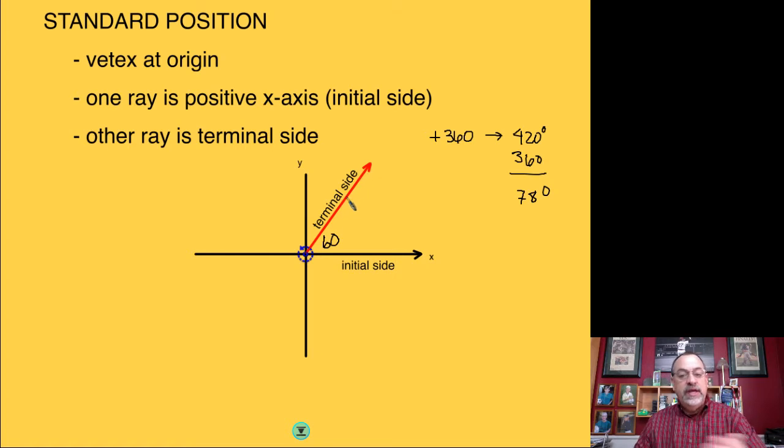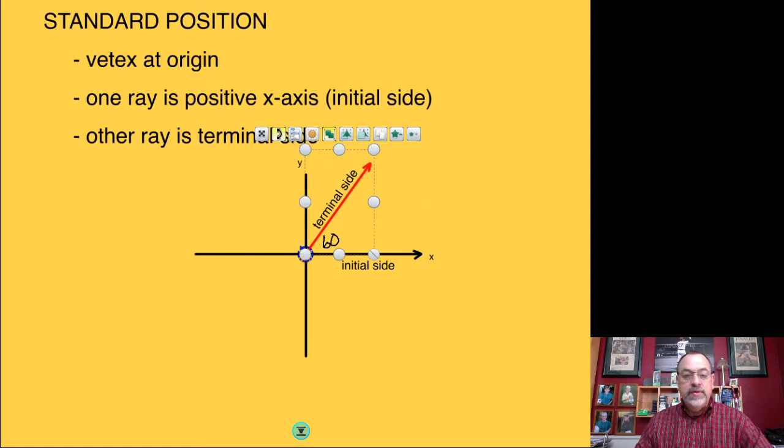And if I rotated in a negative direction, let's take a look at that. Let's say I have a 60-degree angle, and I want a coterminal angle, but I want it to be negative. So what I need to do is simply rotate in a clockwise manner, and I'm going to subtract 360 from that, because 360 is once around the circle.